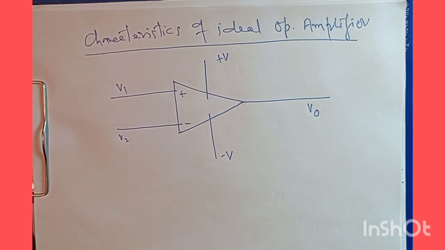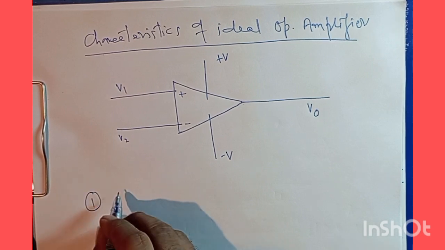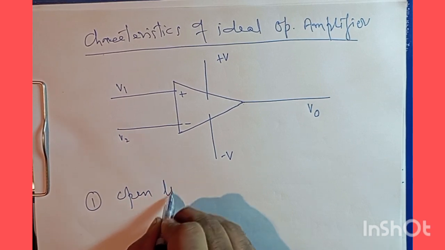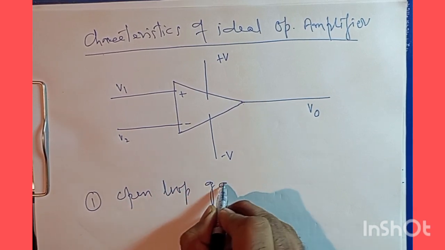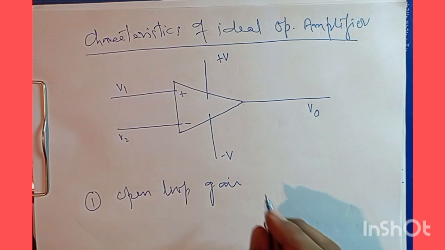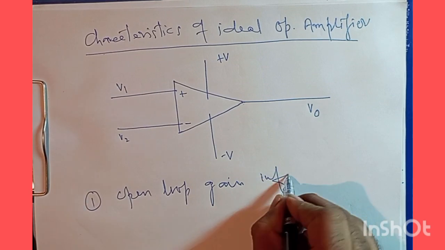Now, the very first important point about this operational amplifier is that the open loop gain of this ideal amplifier is infinite.